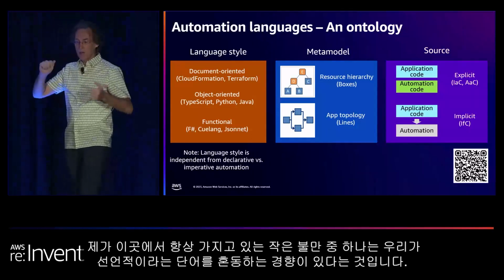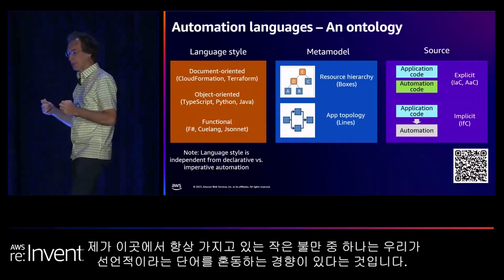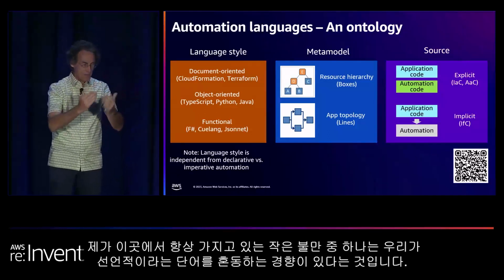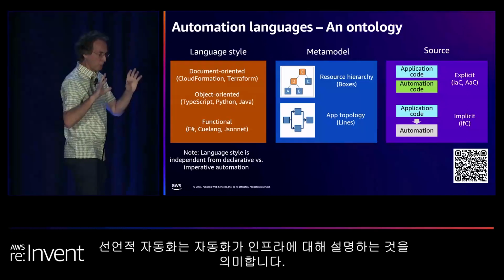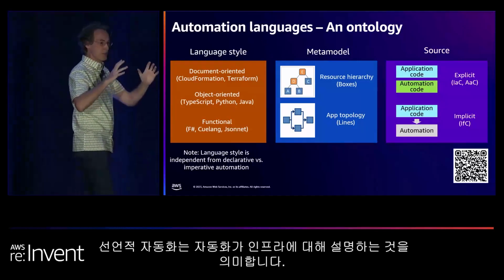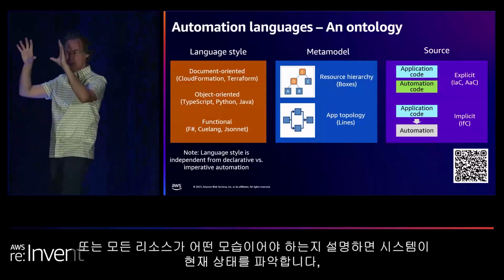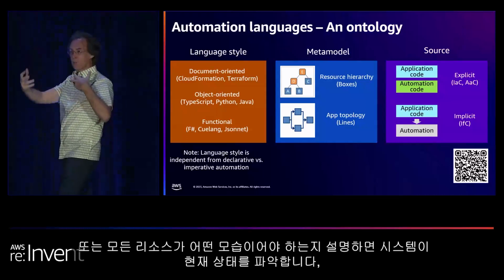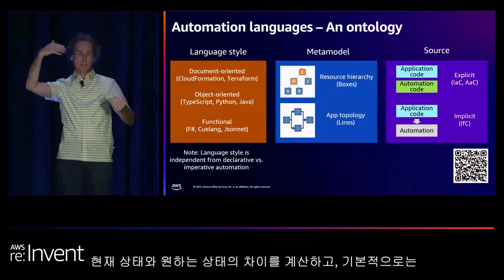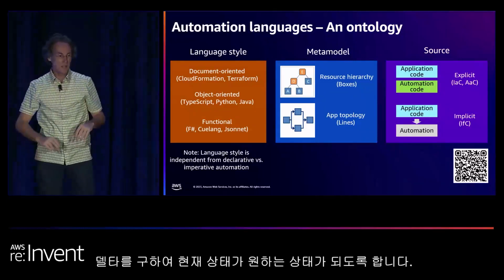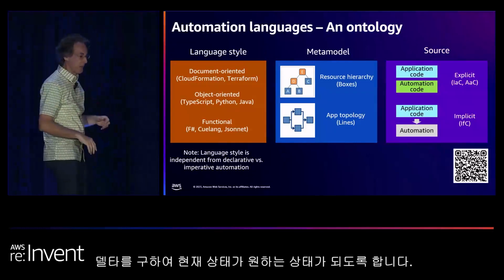One little soapbox I always have in this place is we tend to conflate the word declarative. Declarative automation means that your automation describes what your infrastructure or all your resources should look like, and the system figures out the current state, the difference between the current state and the desired state, and basically gets the delta so that the current state becomes the desired state.